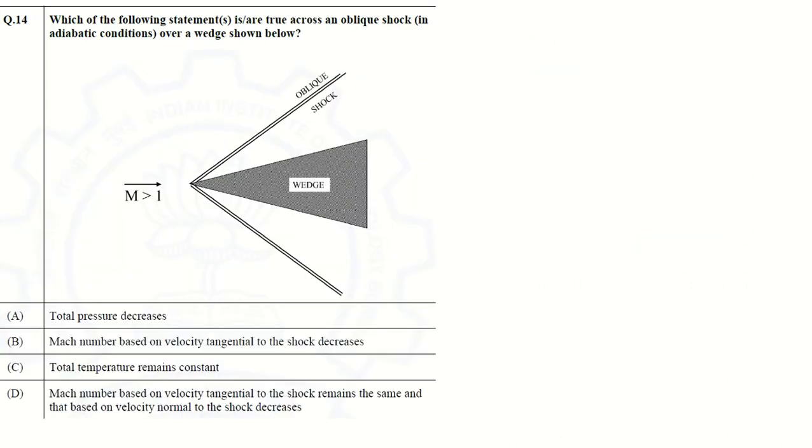Next question is, which of the following statements are true across an oblique shock or wedge shown in the figure? The given statement is or are, that is, more than one option may be true. This is the shock.